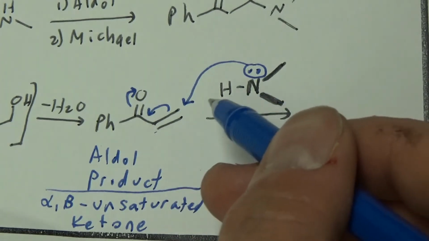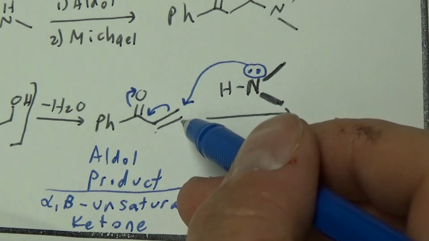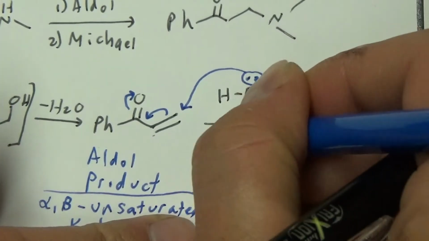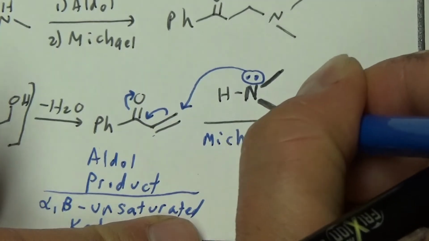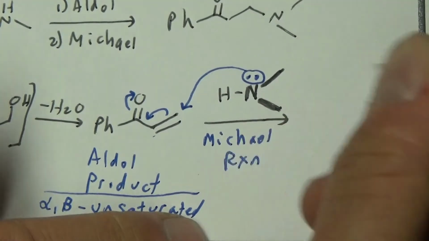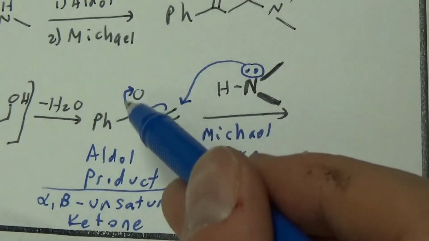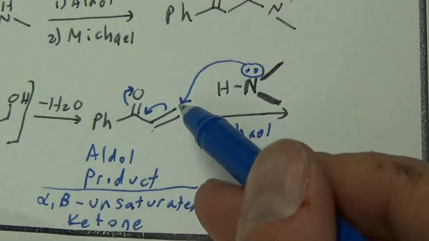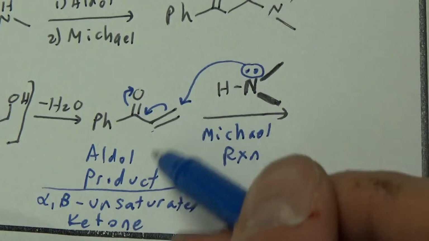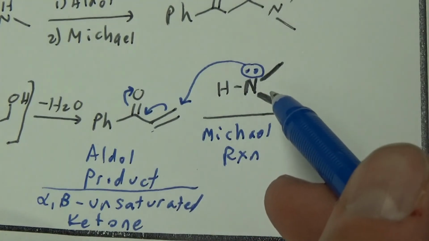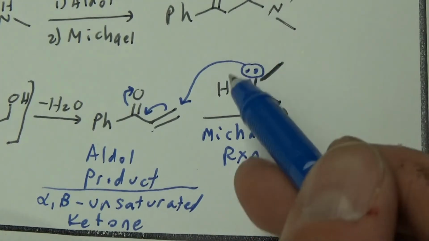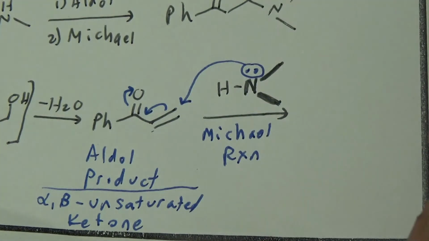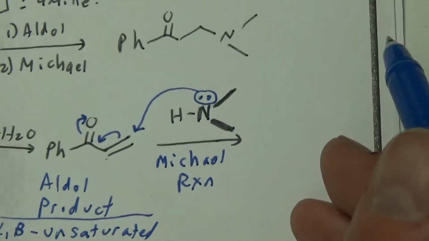We're having a nucleophile attack the carbon there, kick the electrons up onto the oxygen, and that's called a Michael reaction. That's all a Michael reaction is. A Michael reaction always requires something like an alpha, beta unsaturated ketone or ester, or alpha, beta unsaturated something. And then usually a nitrogen or some kind of nucleophile attacks, and you do the Michael reaction. Okay? So that's almost the product.